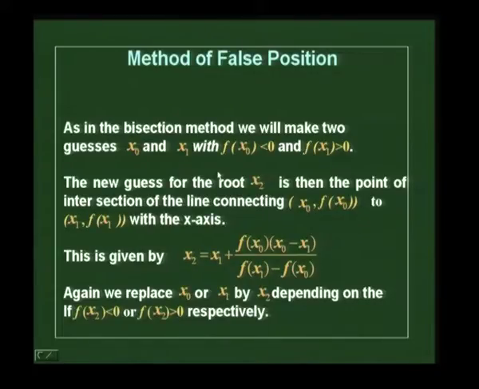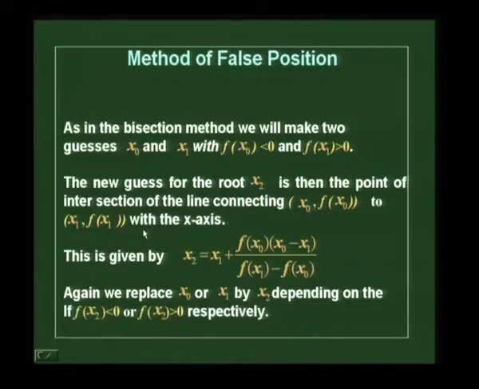What's different is that the new value is not the mean of x0 and x1. We'll try to be a little more clever. The new guess is obtained by looking at where the line connecting x0, f of x0 and x1, f of x1 meets the x-axis.